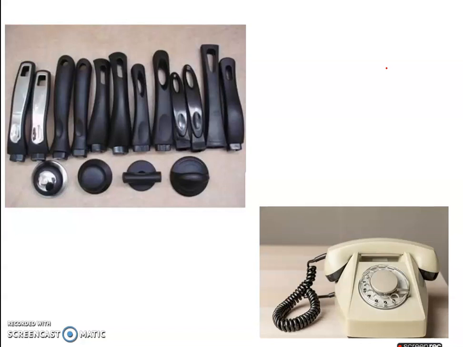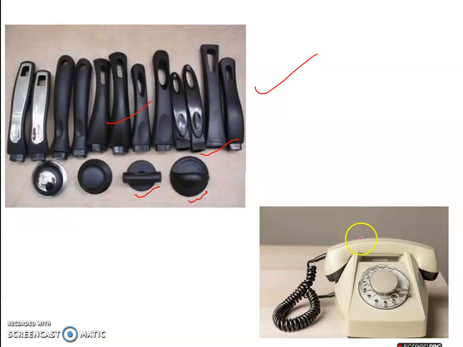In this picture, you can see in picture number 1 there are handles of a pan. The pan can be heated on the gas stove, but these handles cannot be softened. These are the caps of the gas stove.